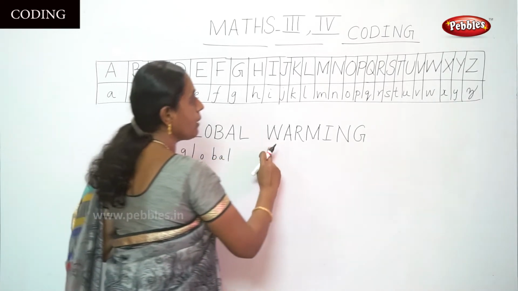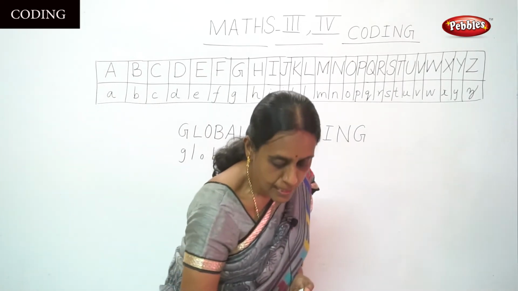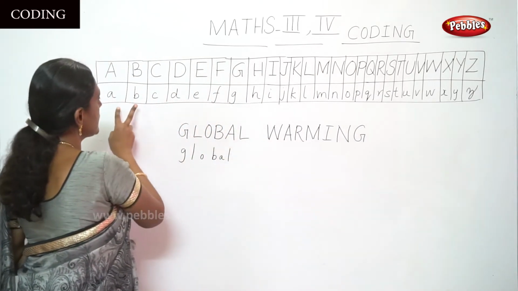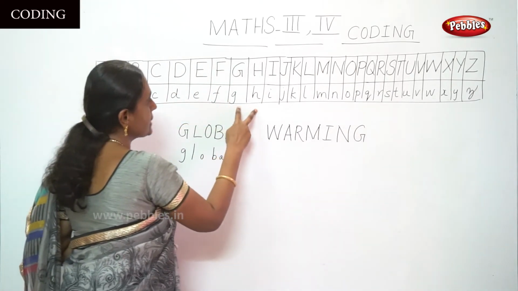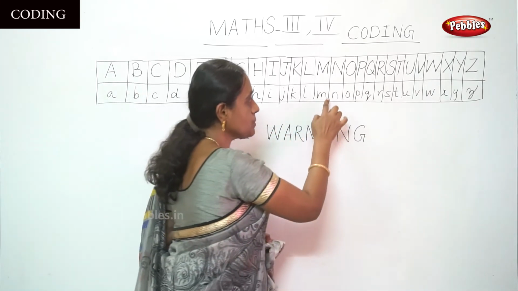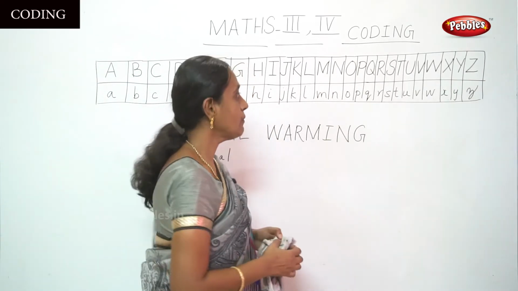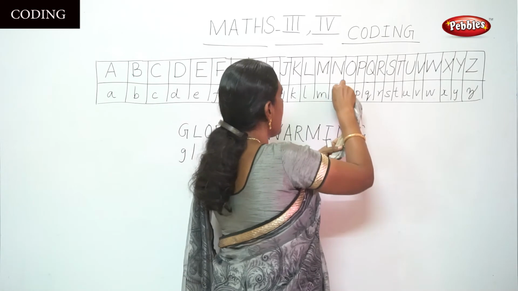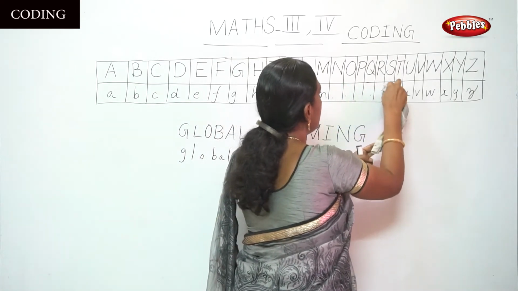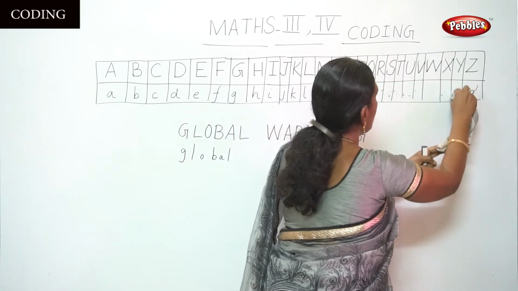And for warming, suppose we write for the first 13 letters the numbers 2, 4, 6, 8, 10, 12, 13, by changing the small case letters from N to Z. We are going to write other numericals or any other lettering for the arrangement of coding.